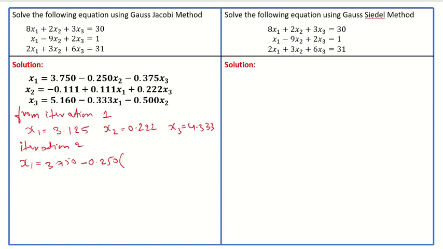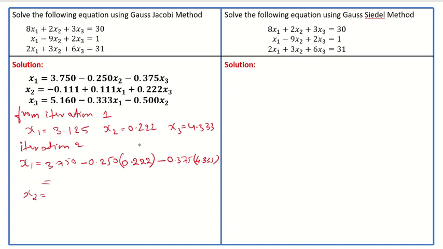In the first iteration x2 was 1. Now x2 is updated from 1 to 0.222, and minus 0.375 into x3, which is updated to 4.333. You are going to get the answer for x1.